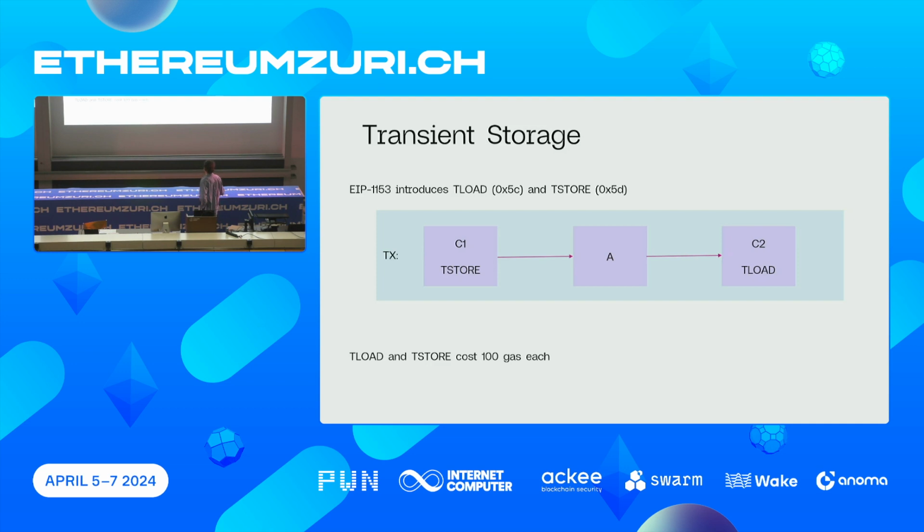And this happens within one transaction. At the end of the transaction, the value that's been stored is deleted, it's reset back to 0. And TLOAD and TSTORE cost both 100 gas, so much less than SSTORE.